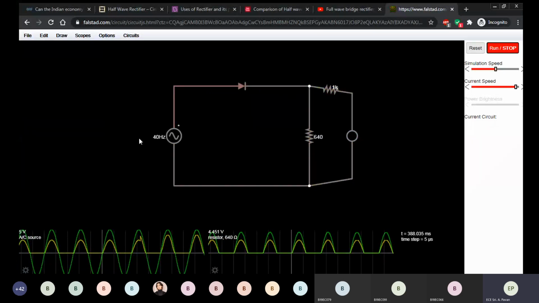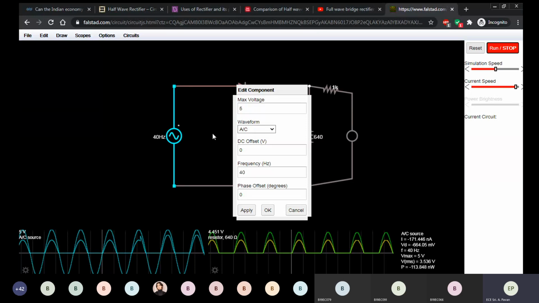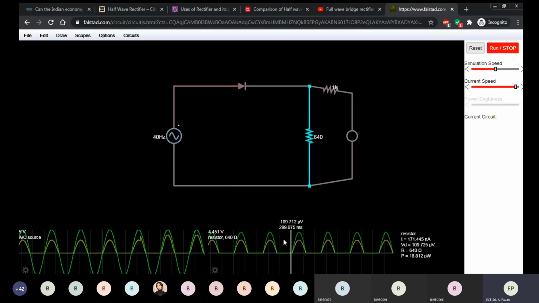Now the input is AC, right? The output is also pulsated DC. In this output we have AC and DC. Look here, we have a LED. The LED glows only for DC.